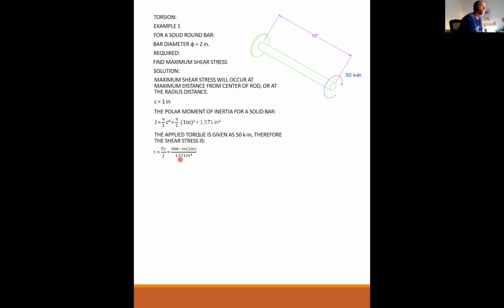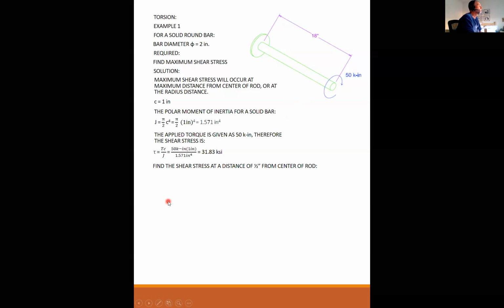That's good because I'm looking for a stress. You can always use your units to make sure you're on the right track. So 50 times 1 over 1.571 is 31.83 KSI. That is the shear stress, and it occurs right on the surface of the material due to this applied torque.